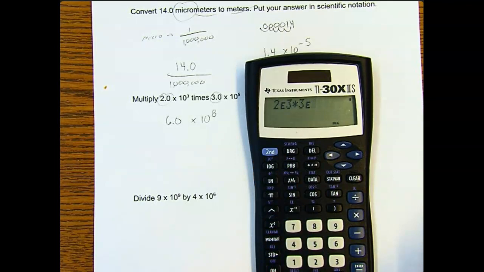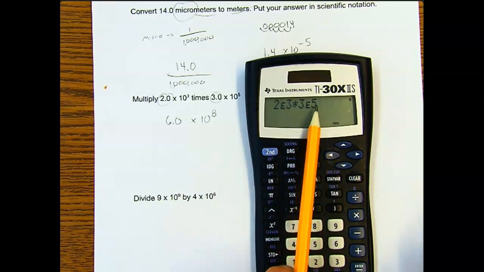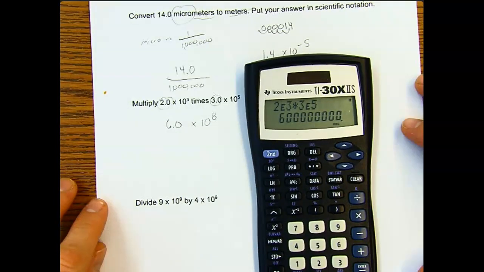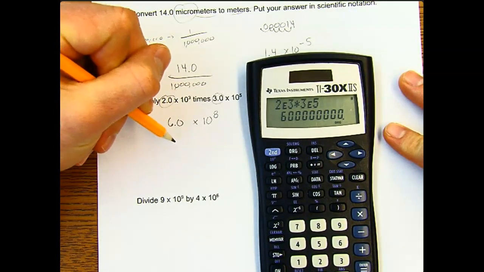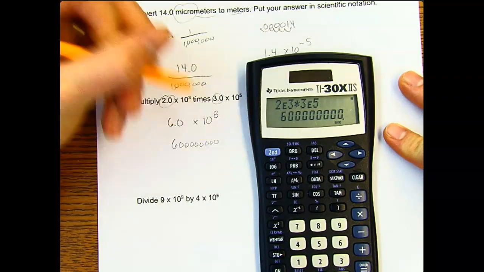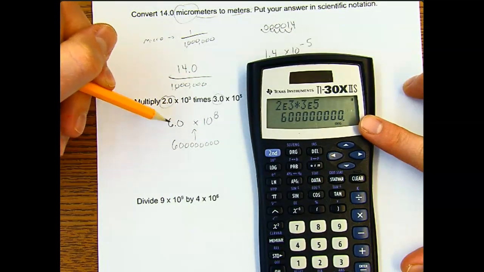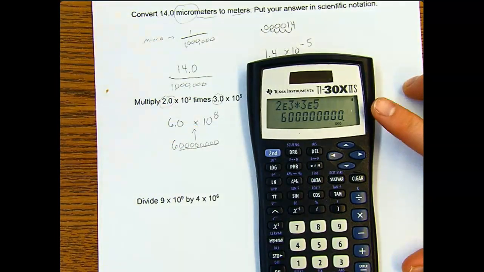This is a shortcut for saying 2 times 10 to the third, and this is 3 times 10 to the fifth. I got a really big number, and I wish the calculator would give me the answer in scientific notation, but there isn't really a way to tell it to do that. But I can assure you that the 600000000 you see on this calculator is the same thing. It's a 6 followed by 8 zeros, and that's exactly what this is.